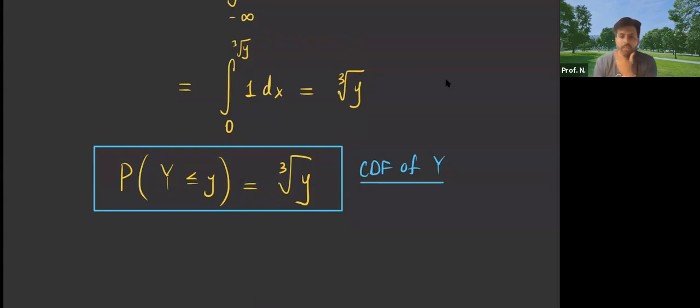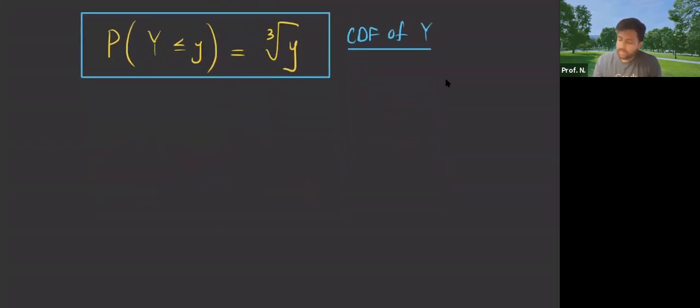So the CDF of this new random variable y is the cube root of y. And of course this y has to be between 0 and 1. So for example, if I want to find the probability that my random variable y is less than or equal to 1/2, then that's going to equal the cube root of 1/2. Okay.